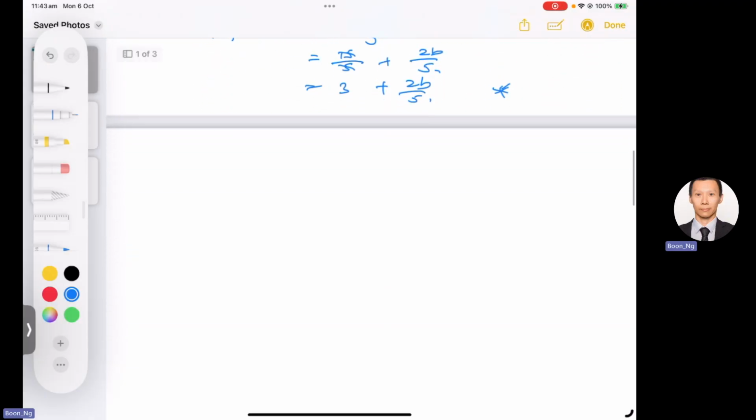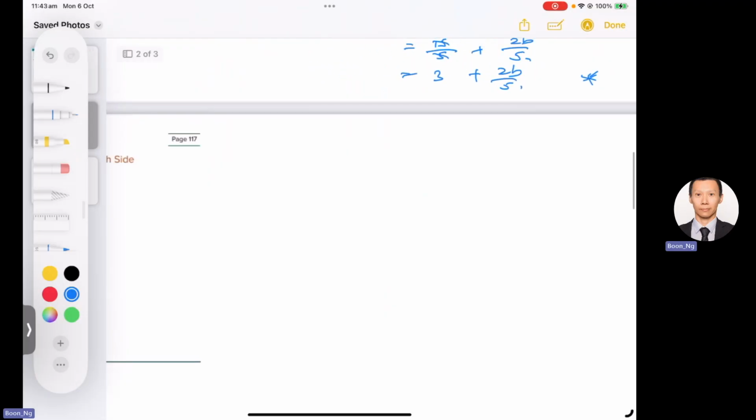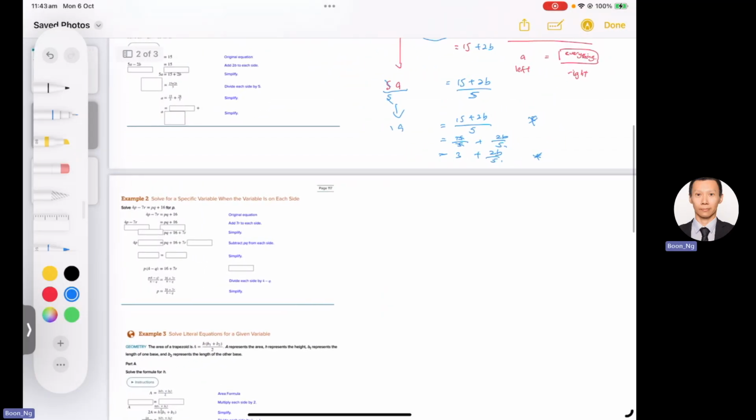Now let's move on to example 2. Let me copy over 4p minus 7r equal pq plus 16. And what we need is p.